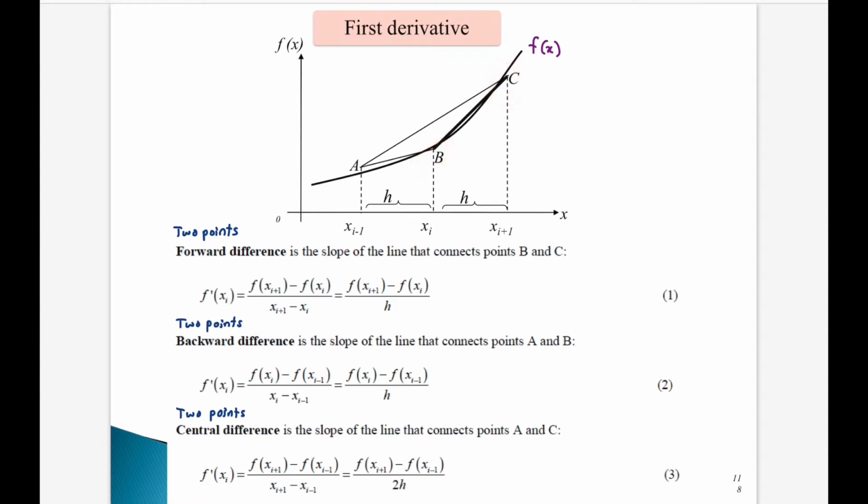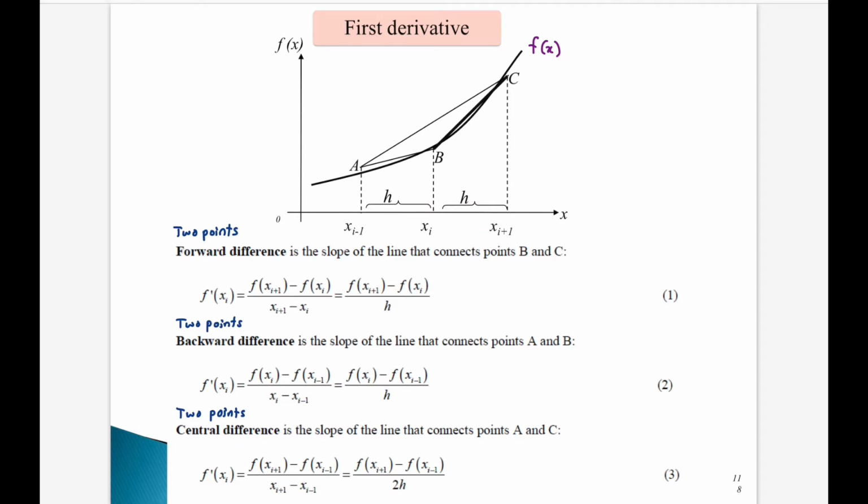The formula will be f(xi plus 1) minus f(xi) divided by xi plus 1 minus xi. Xi plus 1 minus xi is equal to h. This is the value h.